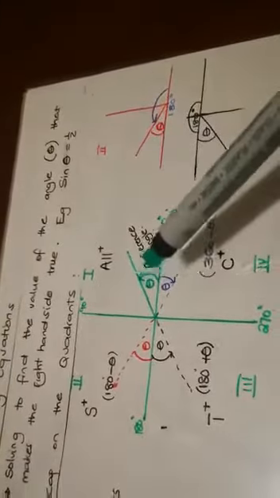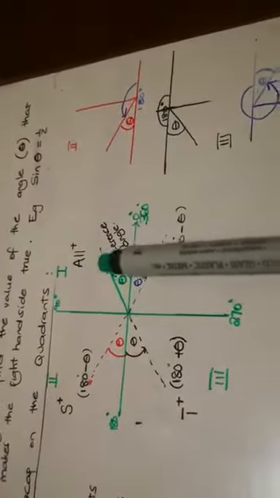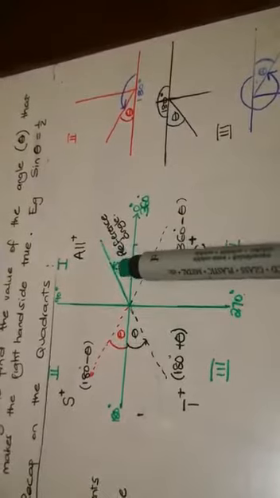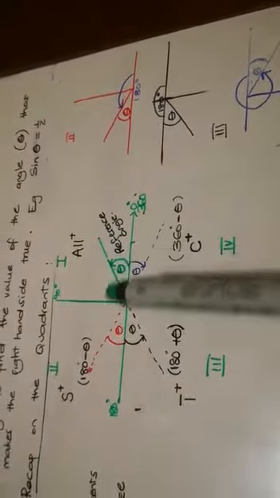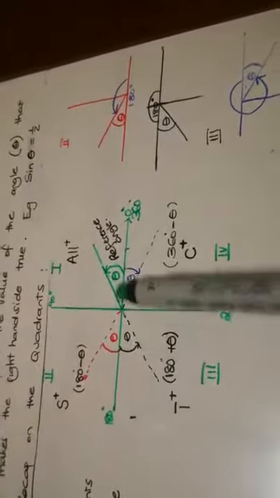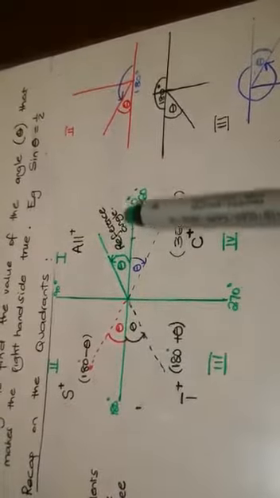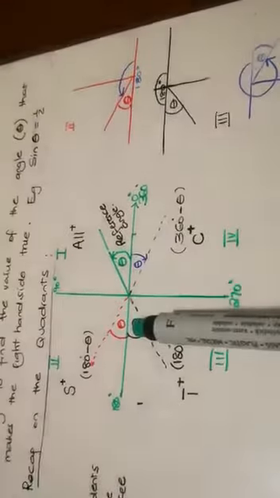So how do we work out the values in each quadrant? I did separate diagrams for each quadrant. Quadrant 1 is theta. You'll notice that by reflection this theta is the same as this one, and again by reflection along the x-axis this theta is the same as that one.